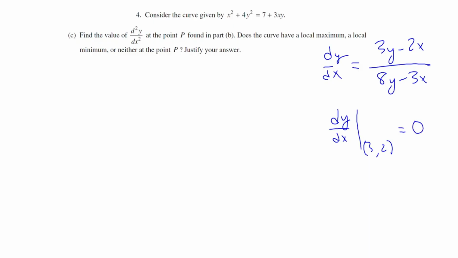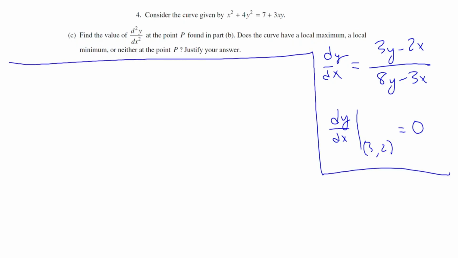So now we'll do our derivative of dy/dx, our second derivative. And when we do that, we have to use the quotient rule.